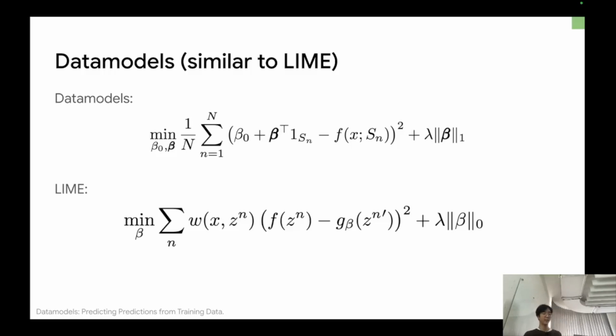So we are perturbing the inputs, but we put more weight on the samples that are closer to the original input. But for data models, we don't necessarily do that. The authors do not do it. Maybe it makes sense in some cases to put this kind of weight, but I don't think it matters too much for data models. And then you have some sparsity term. You can use L0 or L1 for doing this.